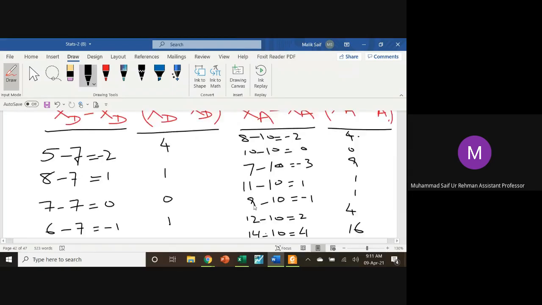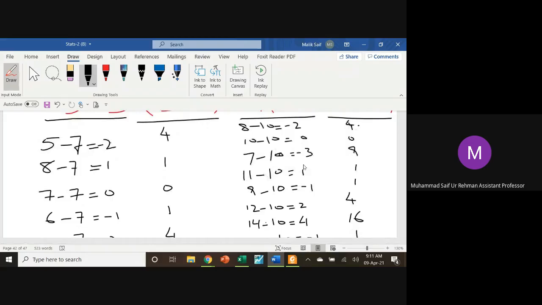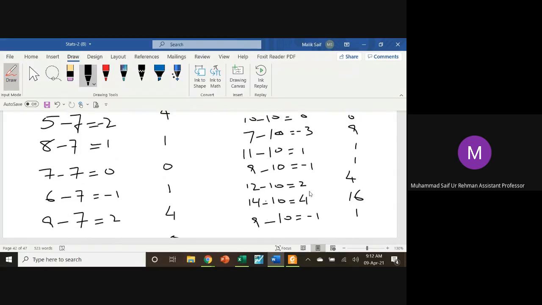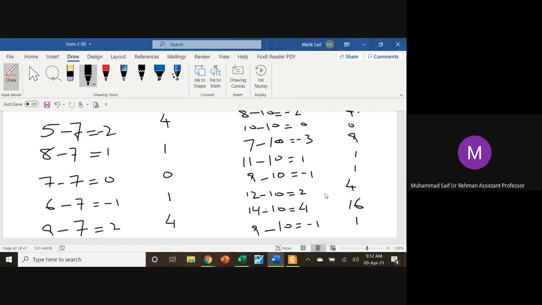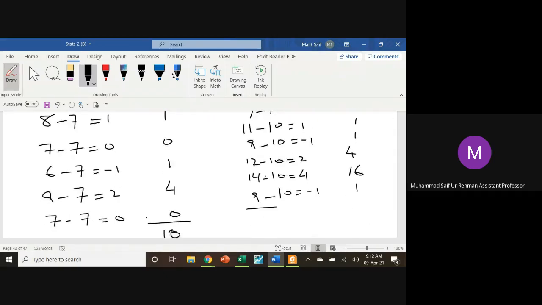So minus 2, minus 3, minus 5, minus 6, minus 7, 6 and 7. So everything is correct, because in this case the sum will be 0, and in the squared column you may add.